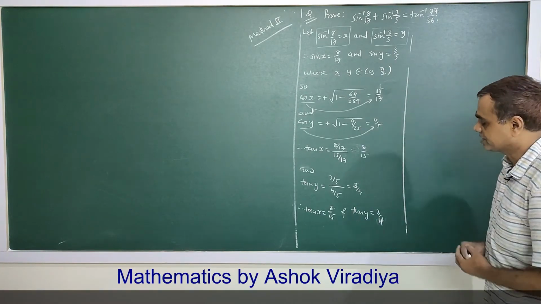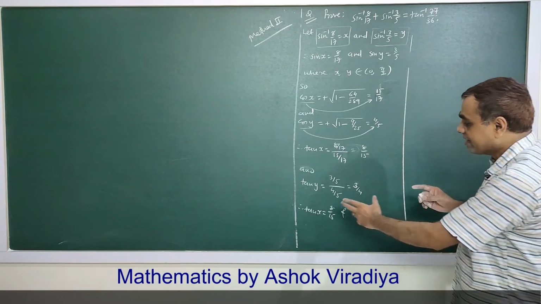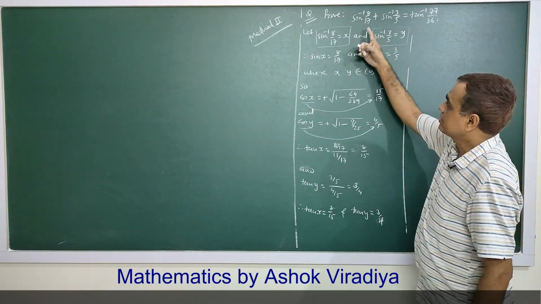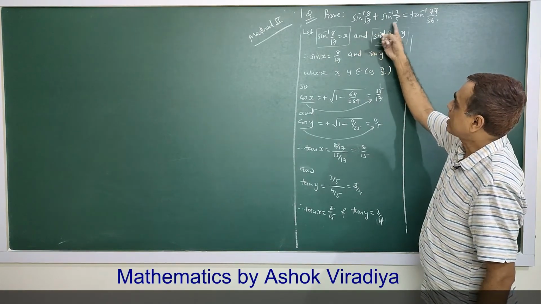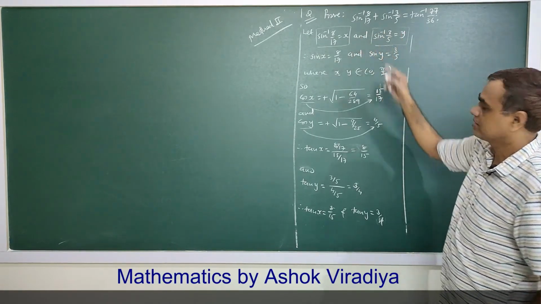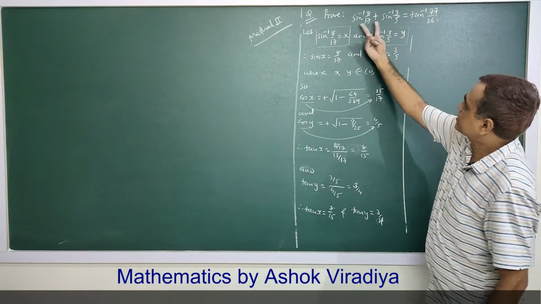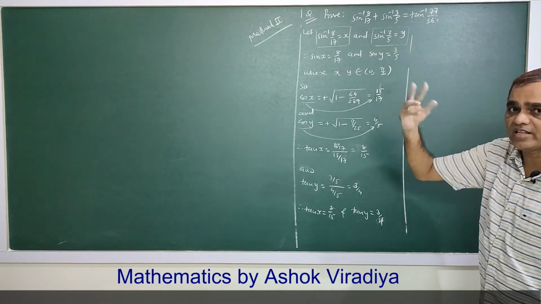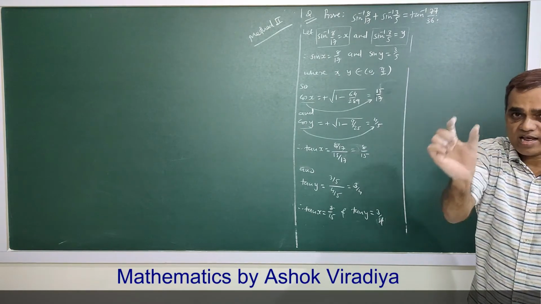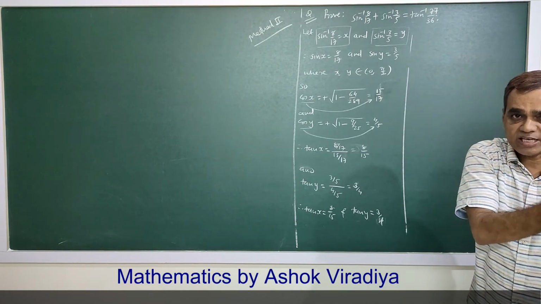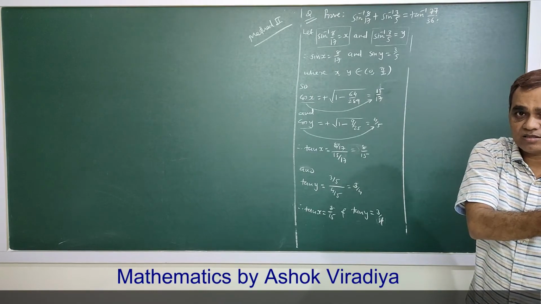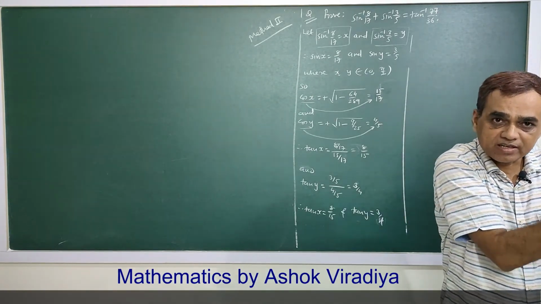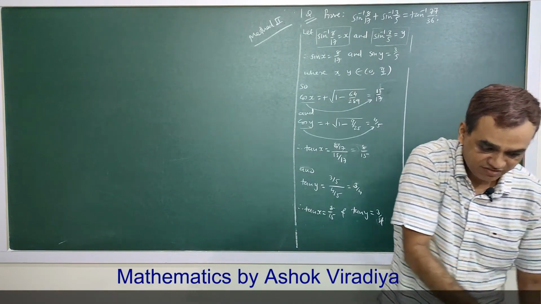See, the variation is, after getting the value of tan x and tan y, here these are x and y that we have taken in the beginning. So what is here? x plus y equal to tan inverse of something, that we want to prove. To prove that x plus y equals tan inverse of something, shift tan inverse to this side.